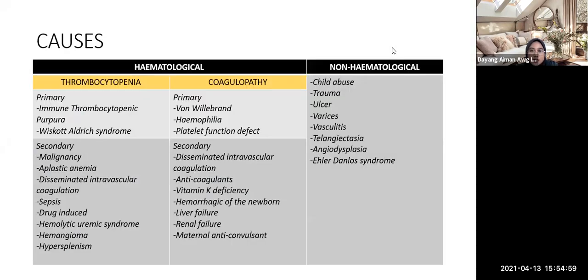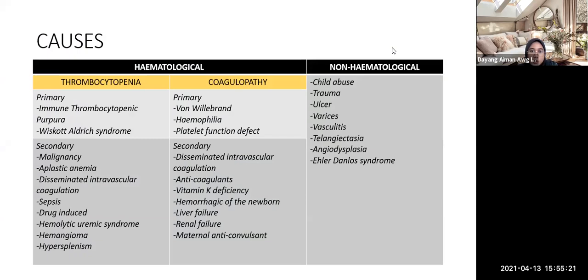So next, these are the causes of bruising, which can be divided into hematological and non-hematological. So in hematological, we can divide further into thrombocytopenia and also coagulopathy. In thrombocytopenia, we can divide into primary and secondary causes.